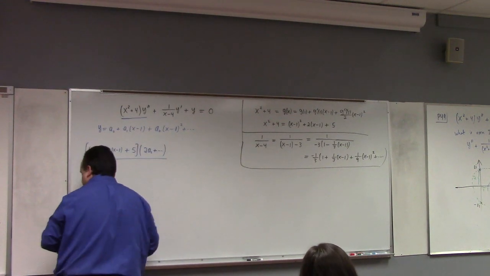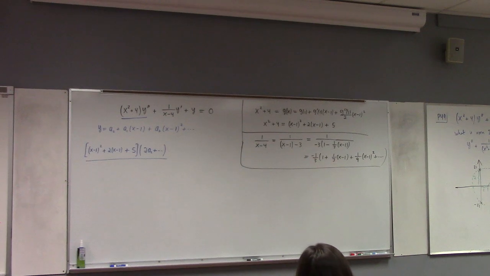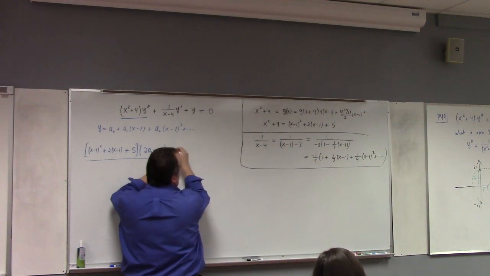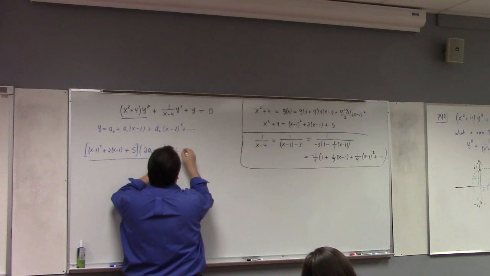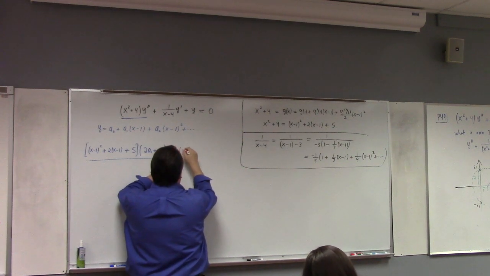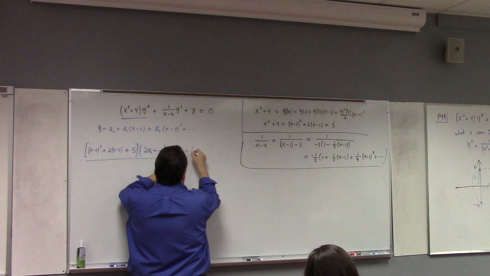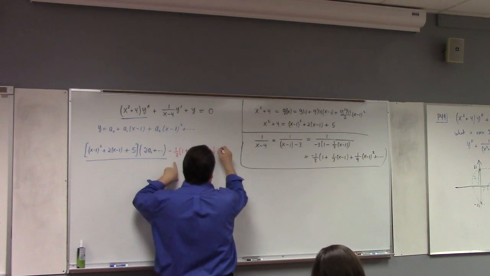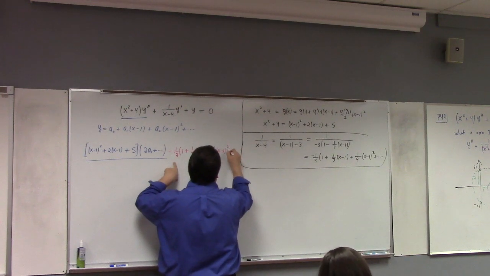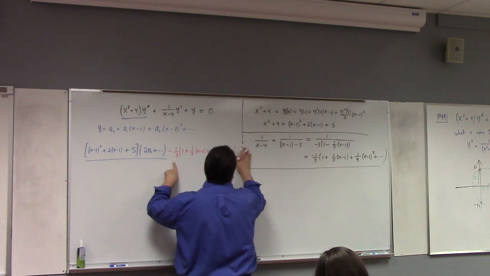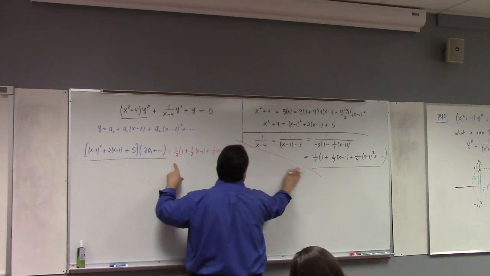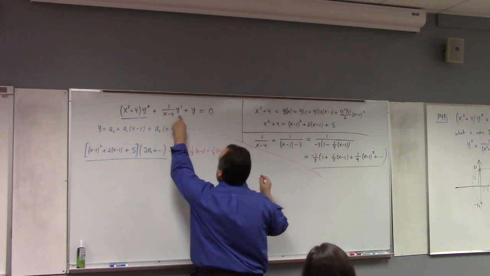The next term is what? This business, right? Minus 1/3 times 1 plus 1/3 x minus 1 plus 1/9 x minus 1 squared plus dot dot dot. That times what? Y prime, right? What is y prime?